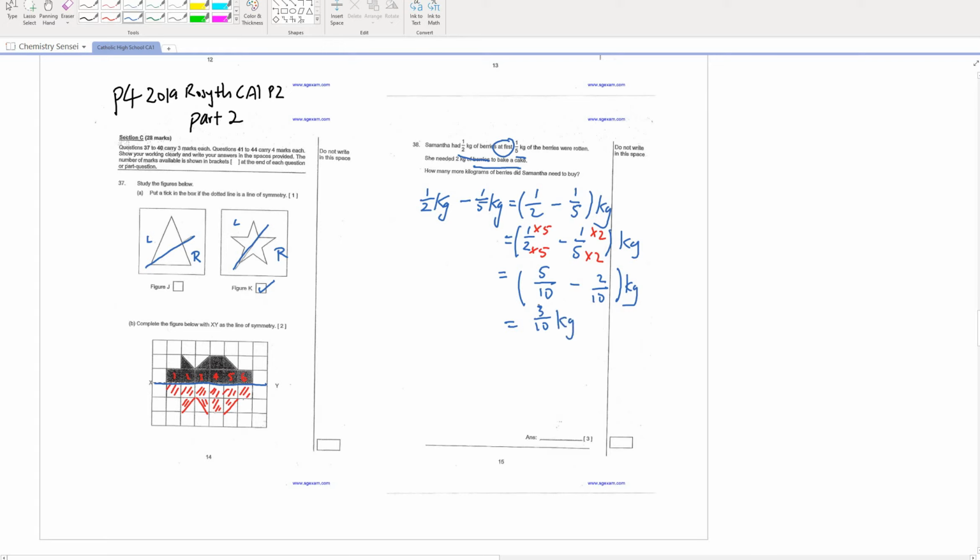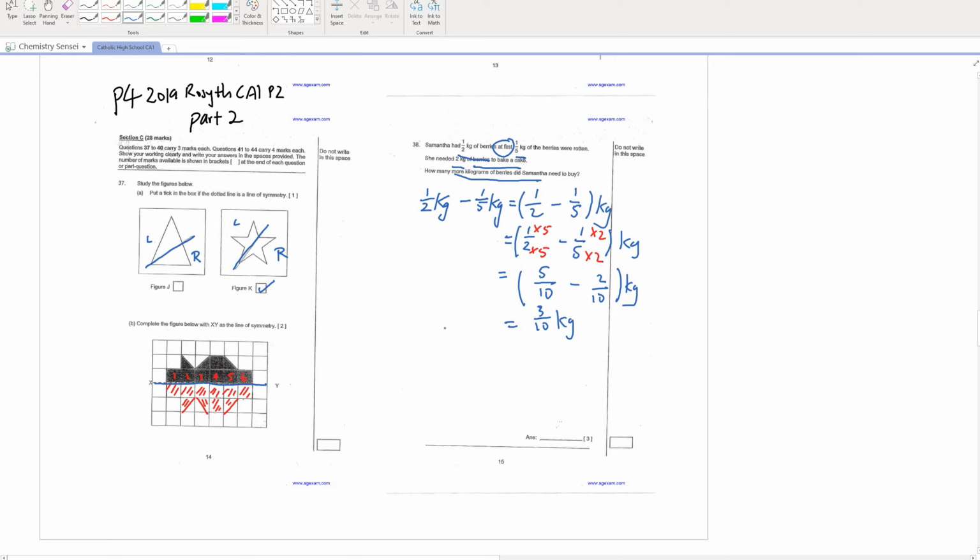So 3 over 10 kilogram is what we can use. However, she needs 2 kilogram in total. So how many more kilogram of berries does she need?